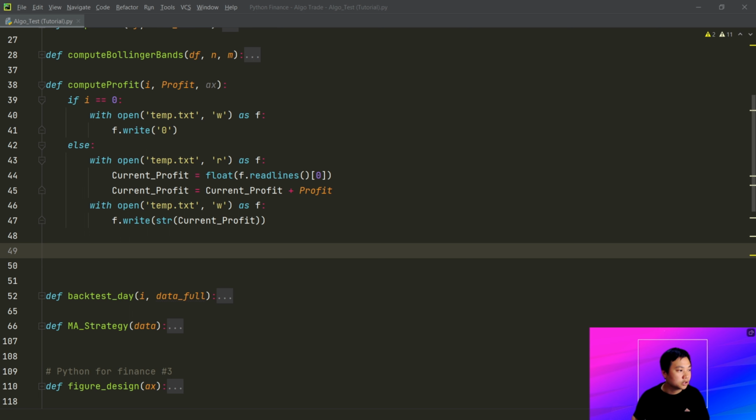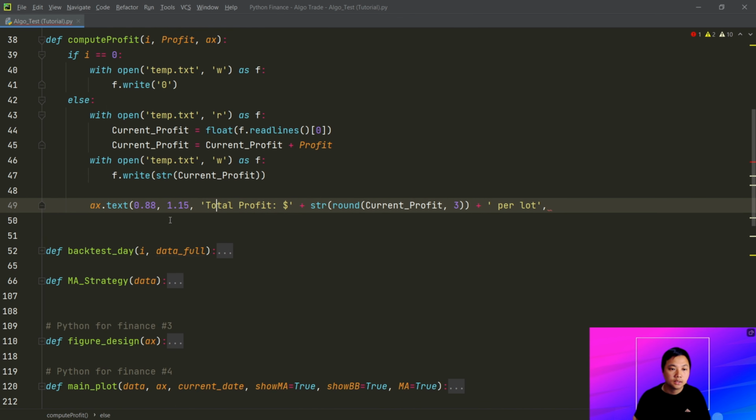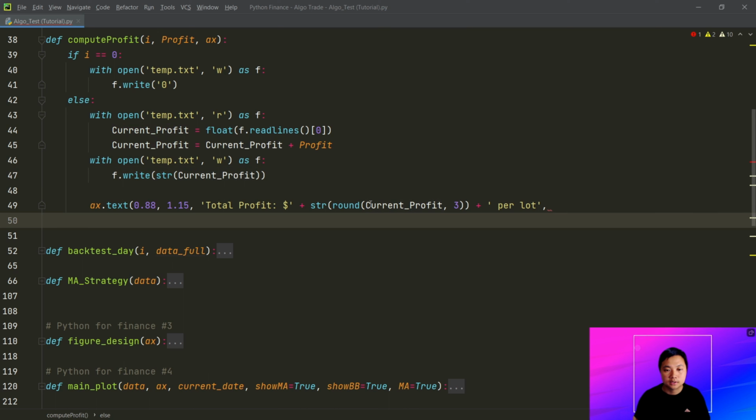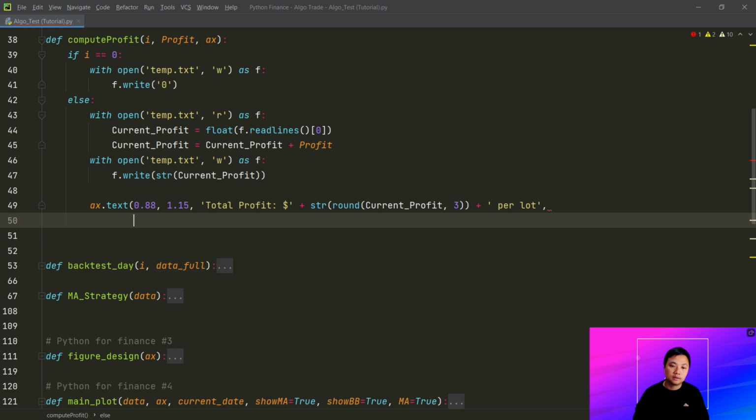To show it on the chart, I will again use the text function and put it on the top right-hand corner, and the message is total profits, that is the current total profit with 3 significant figures and per lot.